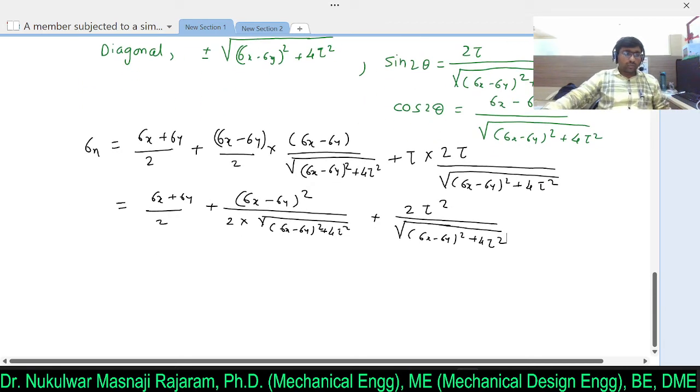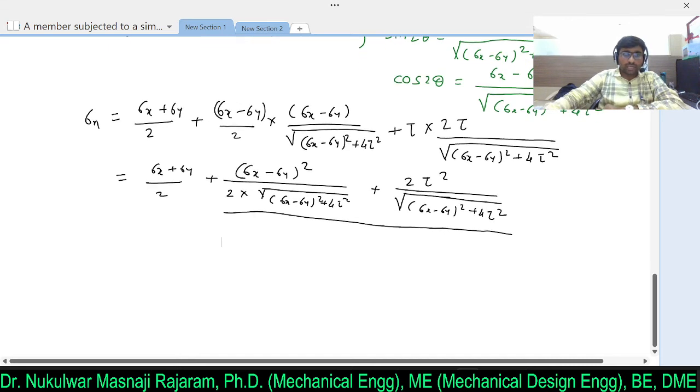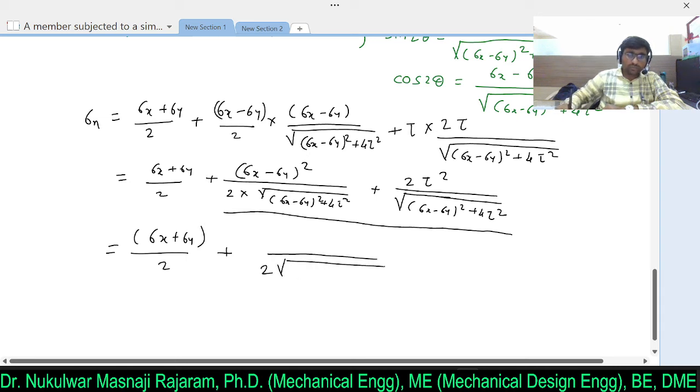Clear? Now if you observe these two terms, I am taking common the under root of sigma x minus sigma y square plus 4 tau square.